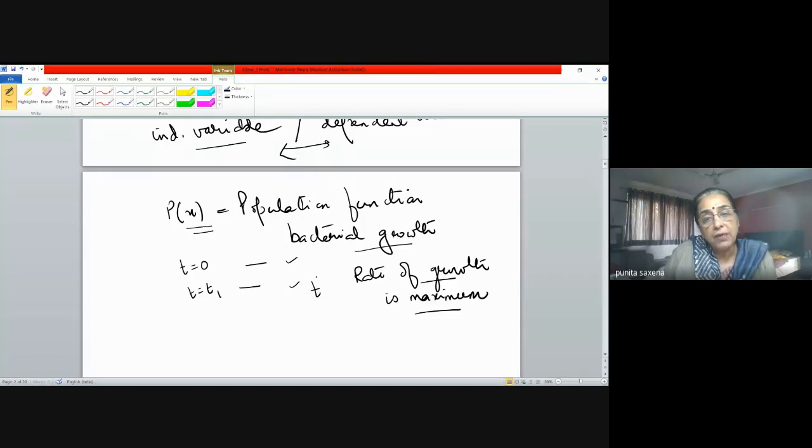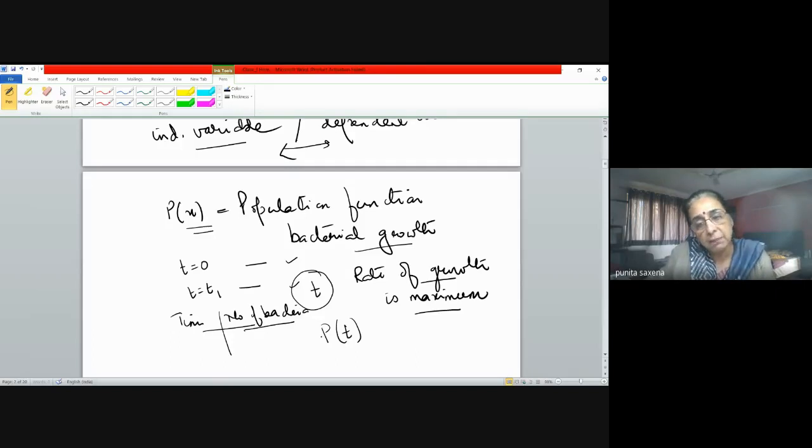Now, the moment I say at what time, basically what am I doing? I am studying the population. So I have a table with time and the number of bacteria. Based upon this table, I have a function P(t), which gives me the pattern which the population of these bacteria follows as time elapses.